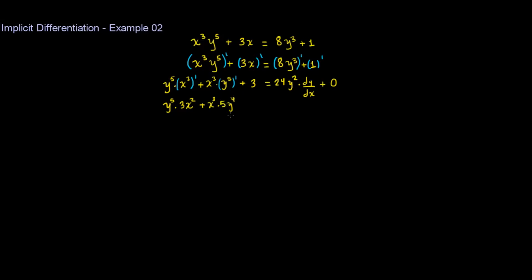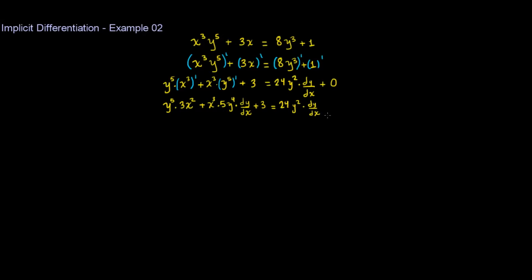But here we have again a y, and we have to add a dy over dx. And then we have this plus 3, and the right side will just remain the same: 24 times y squared times dy over dx. And we can just forget about this plus 0. It doesn't change anything.